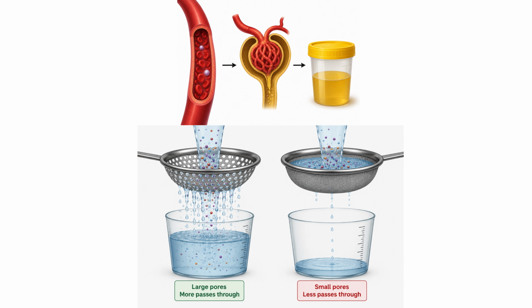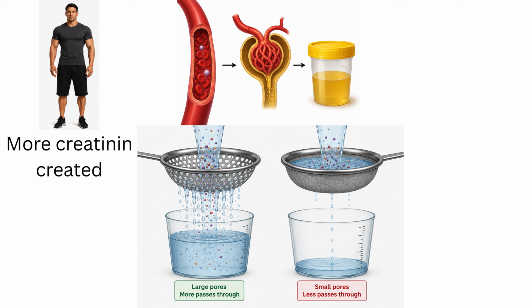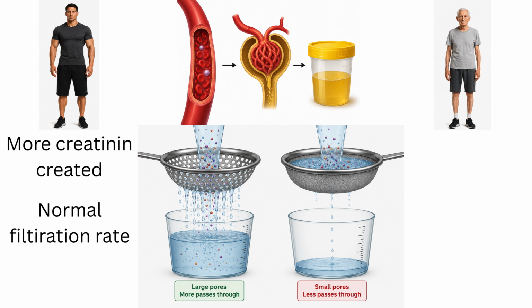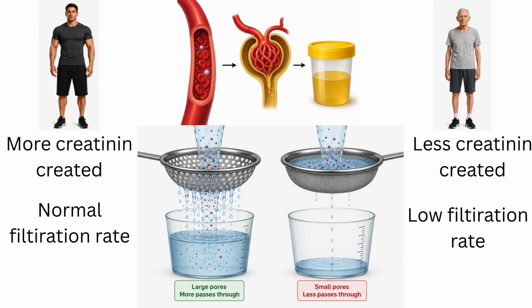For example, one patient may produce more creatinine but have normal kidney function. Another patient may produce less creatinine, but their kidney filtration is reduced. As a result, both patients can have the same or even a normal blood creatinine level.